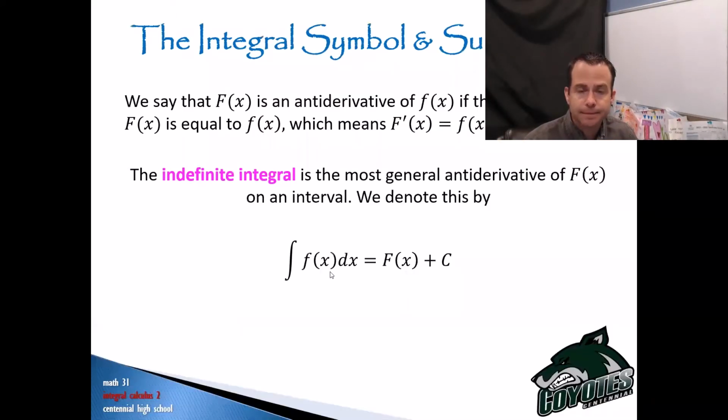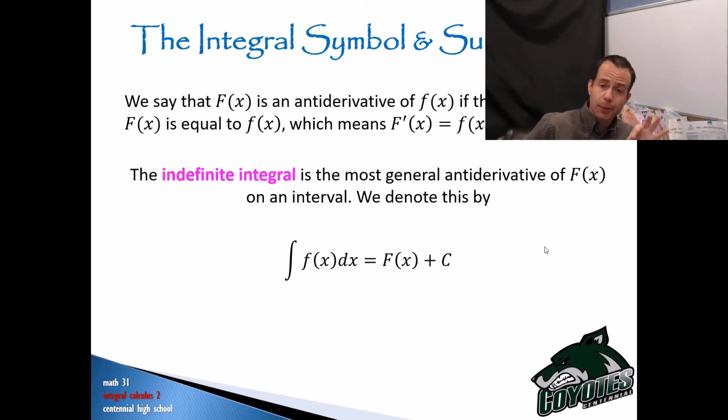We say that big F of x is an antiderivative of little f of x if the derivative of big F of x is equal to little f of x, which means big F prime of x will be little f of x, okay?